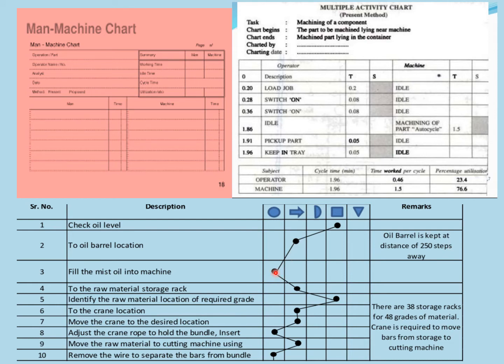Again, this is the operation. This is the transportation, then storage. For the storage, we have to move the material. Again, this is the inspection. These are the processes, the sequence of the operation.